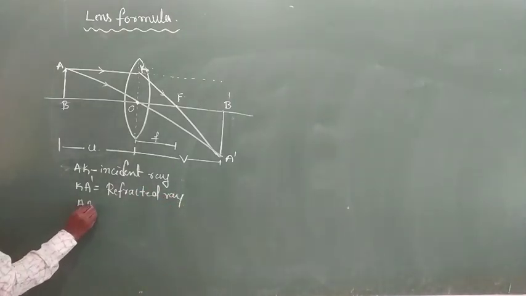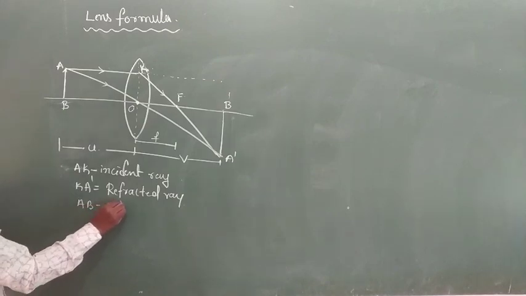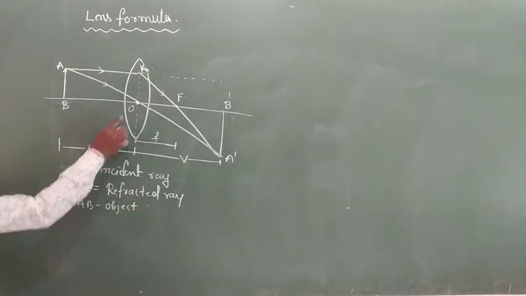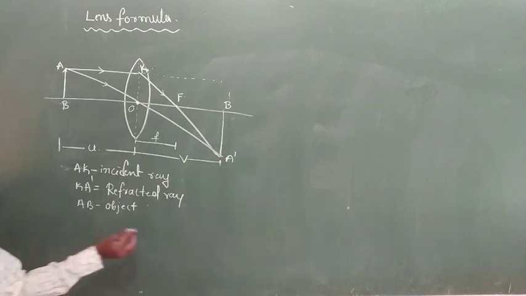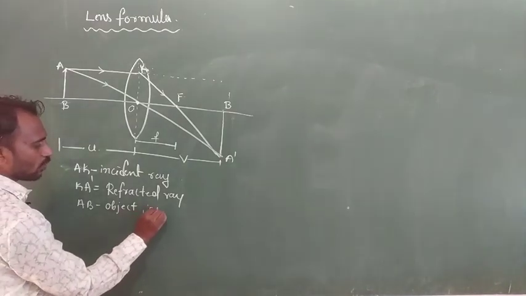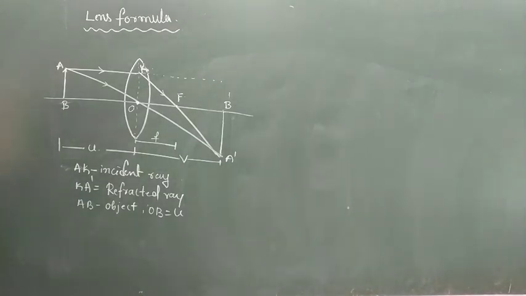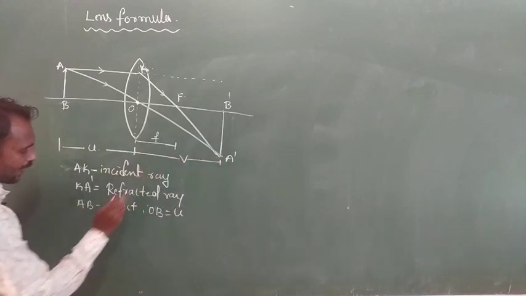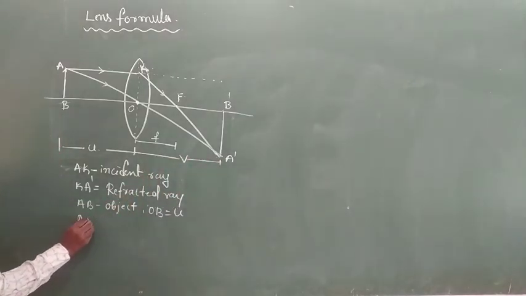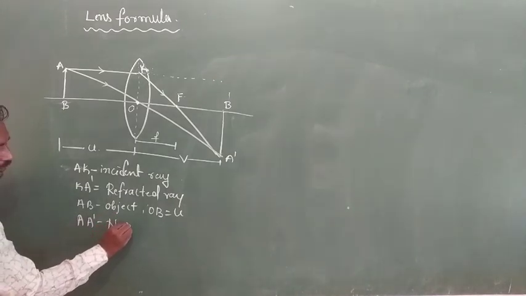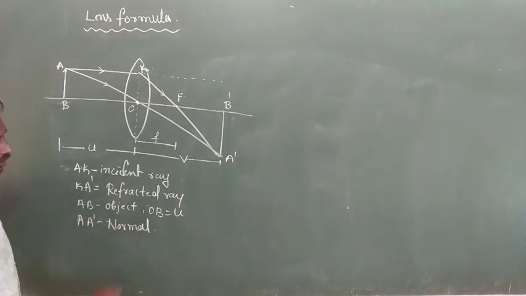AB is the object. OB is the object distance, OB is equal to U. A dash is the normal.